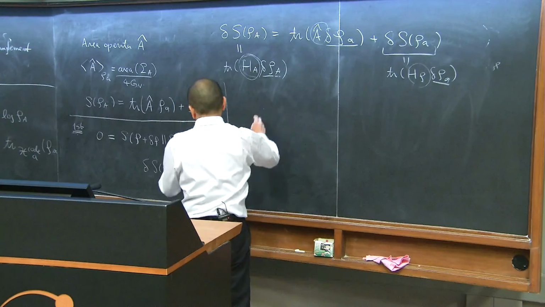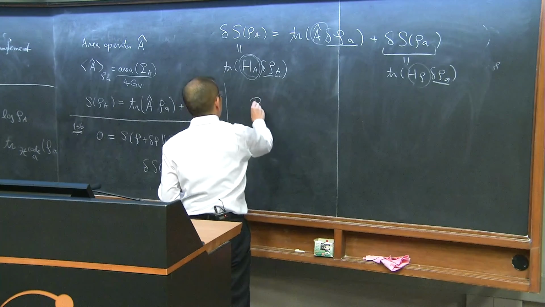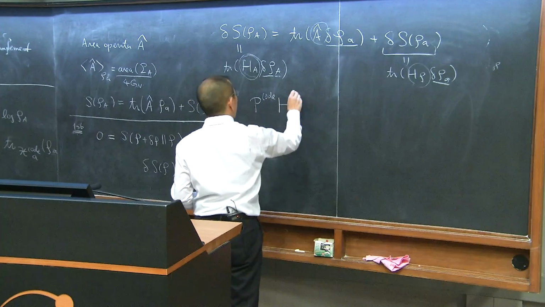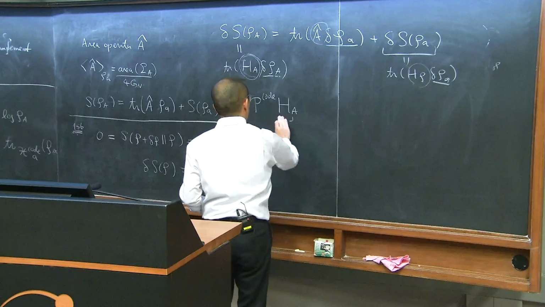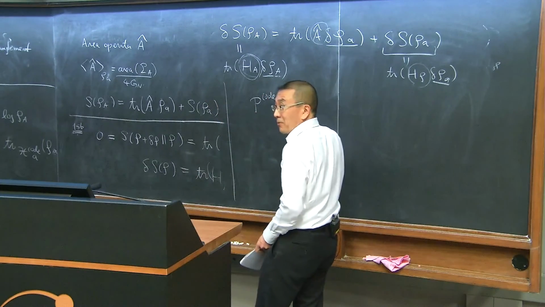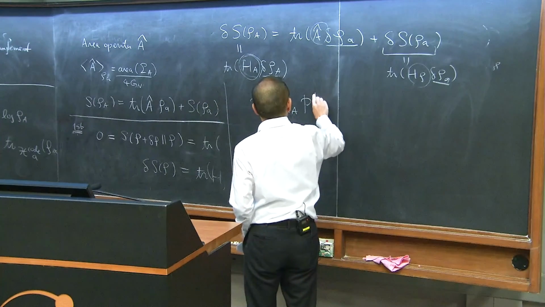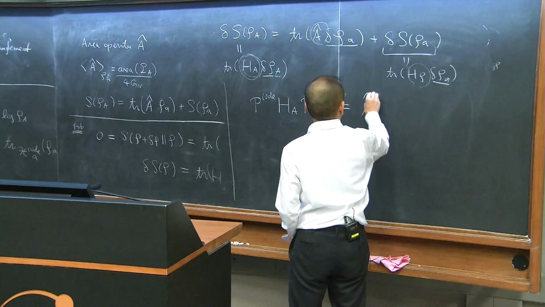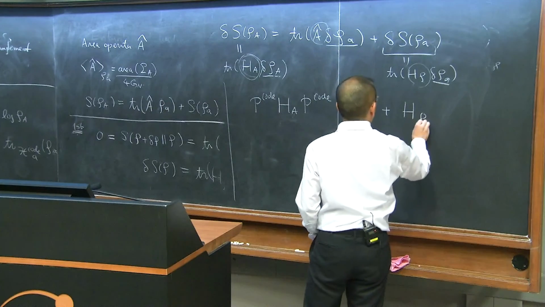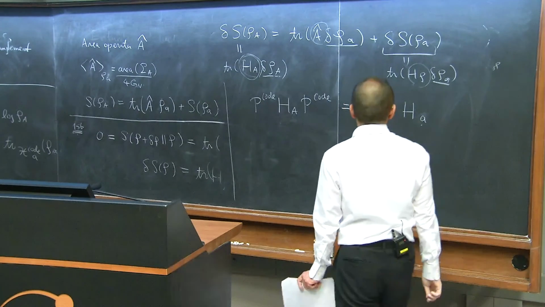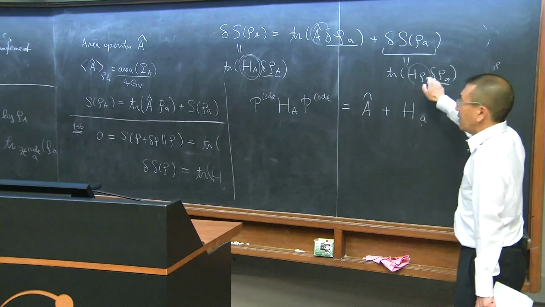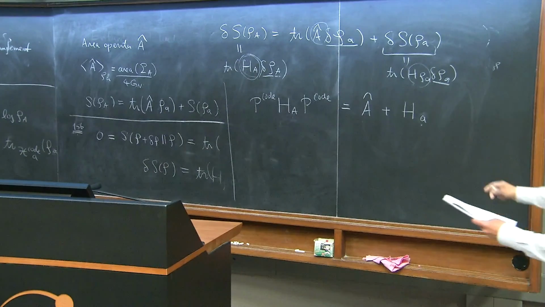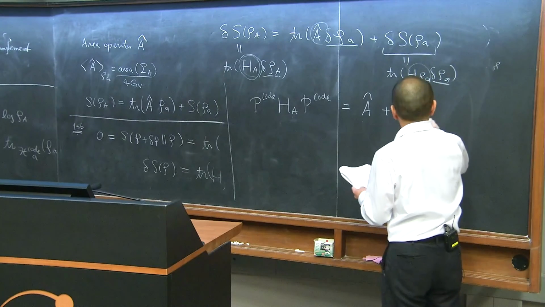So this means that if I consider the projection of the modular Hamiltonian onto the code subspace, note that this is acting on the conformal Hilbert space, then this is given by A hat plus the modular Hamiltonian for this region A. So there is such a relation that you can derive.